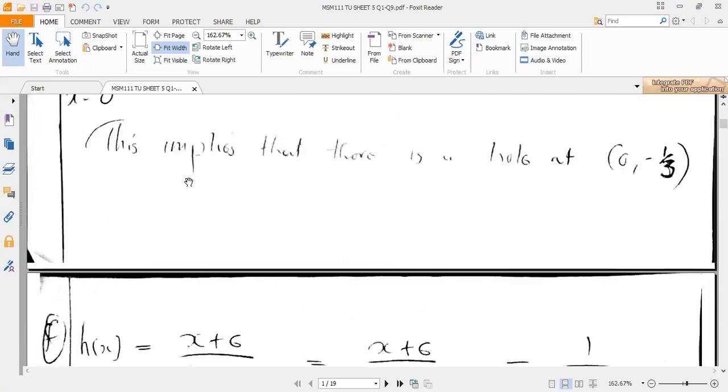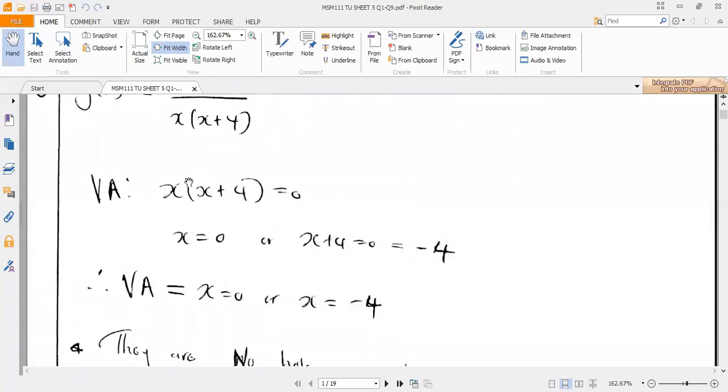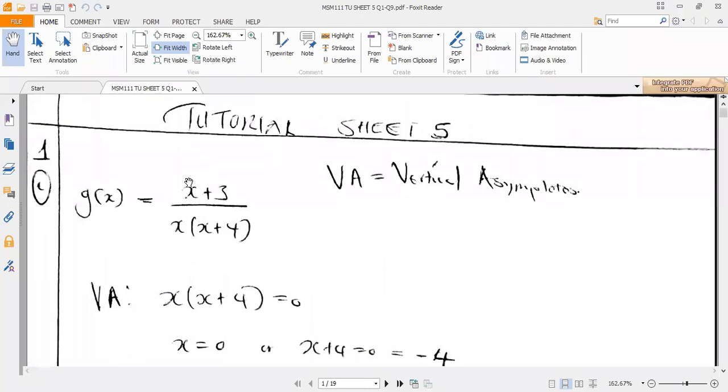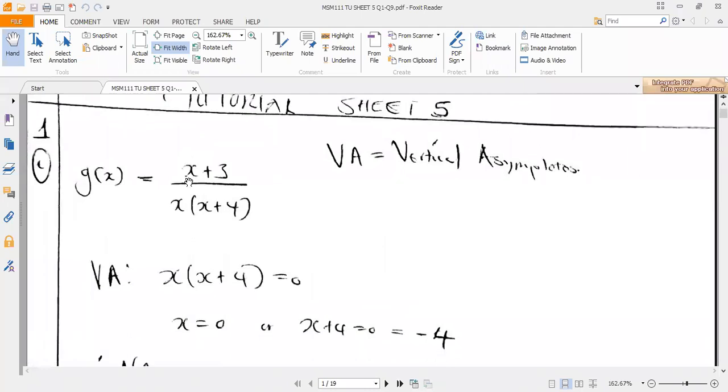Sir, but how come this x is equal to 0, and on the other one you are saying it has a hole, and you are saying x is equal to 0 again. Here, for the vertical asymptote, we're equating the denominator to 0, isn't it? We're okay with that part. Yes. Now for the hole, we're looking for something which is common, isn't it?